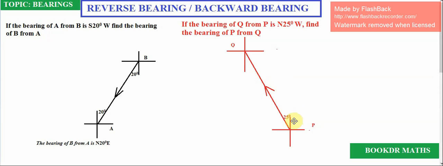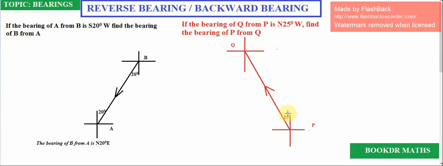So we need to find the turn. To find the bearing of P from Q, we're going to find the angle here. At Q, at the South Pole, how many degrees should we turn towards the east before we can walk down to P?